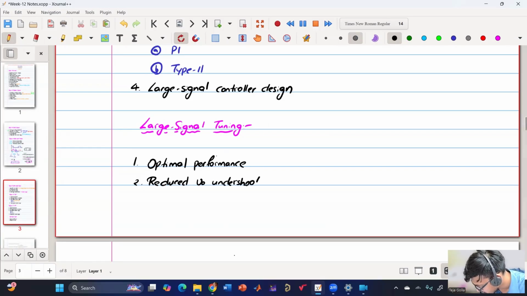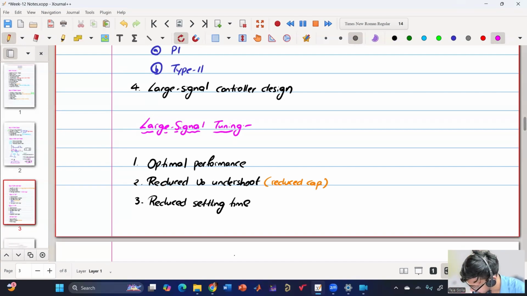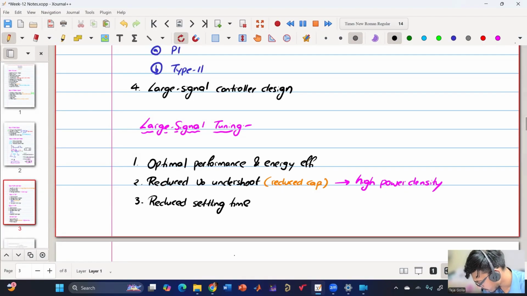So if the undershoot is reduced, then we have reduced capacitance, right? And then we have reduced settling time. And then if the capacitance is reduced, we have high power density. Optimal performance and energy efficiency because of reduced switching during planning.